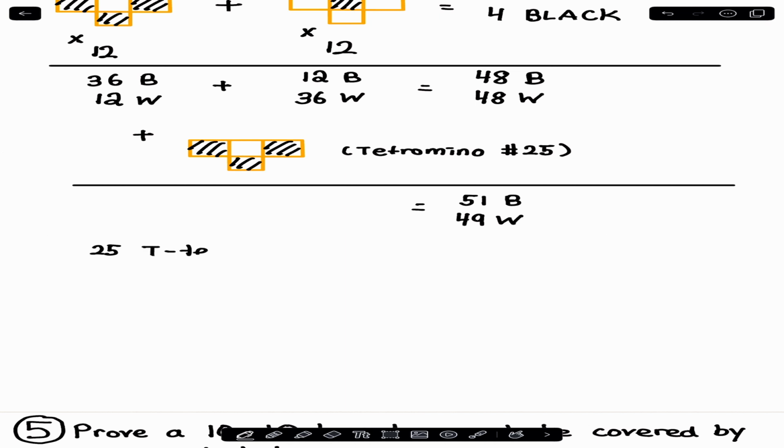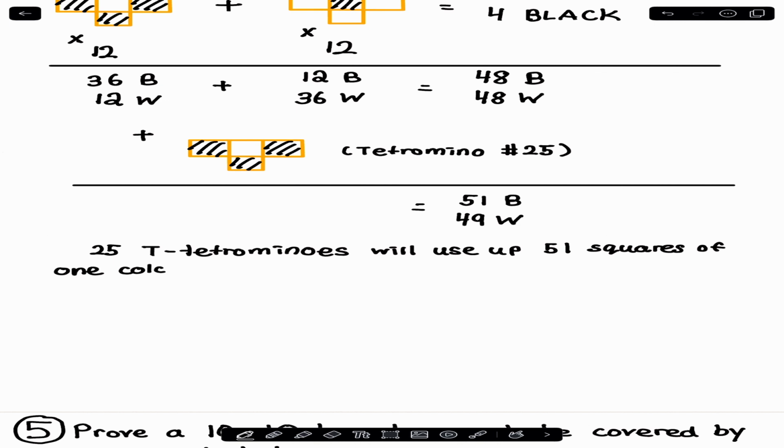So 25 T tetraminos will use up 51 squares of one color and 49 squares of another color.